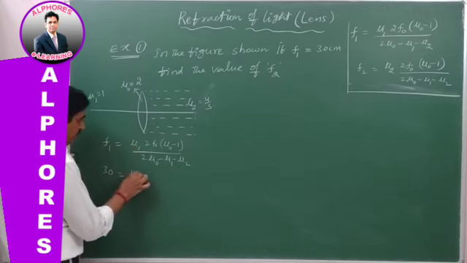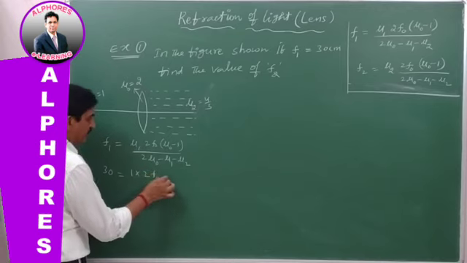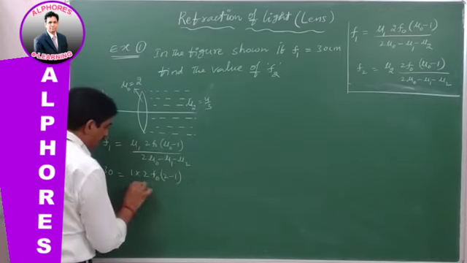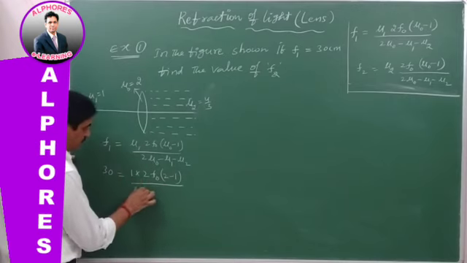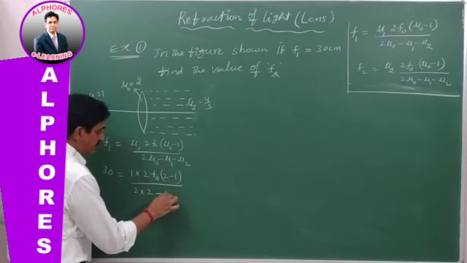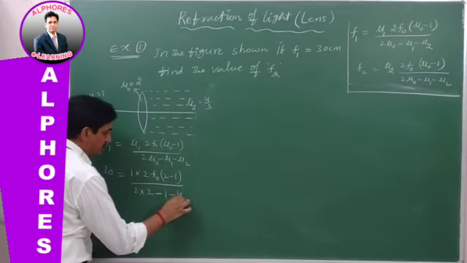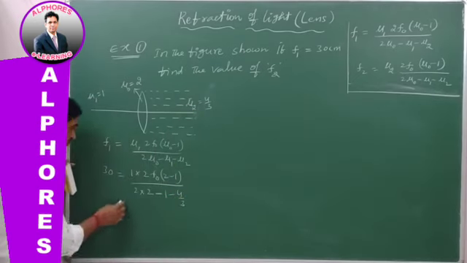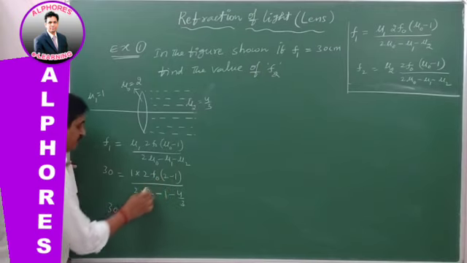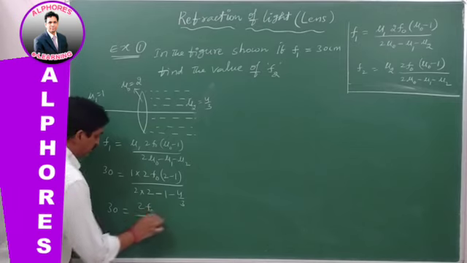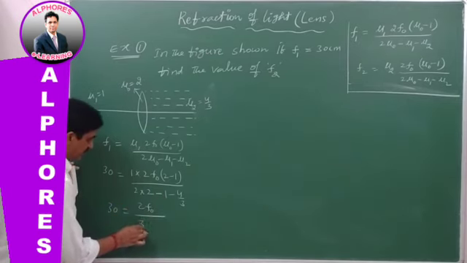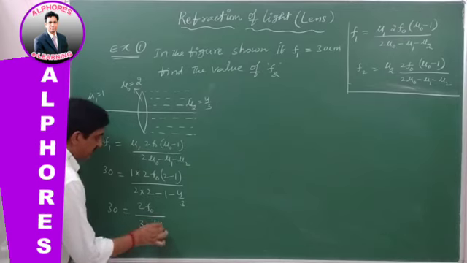So f1 is equal to mu1 into 2 f naught, mu naught minus 1, by 2 mu naught minus mu1 minus mu2, where mu2 is 4 by 3. Simplify this. So 30 is equal to 2 f naught by, 2 into 3 by 2 minus 1, 3 remains, minus 4 by 3.